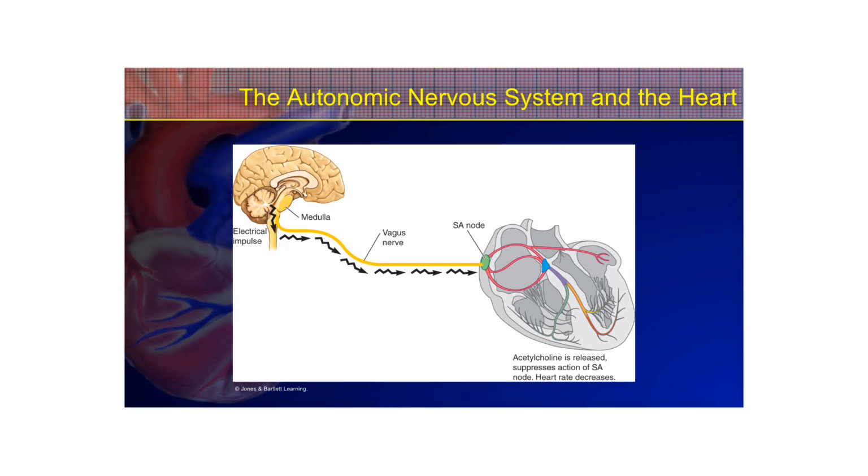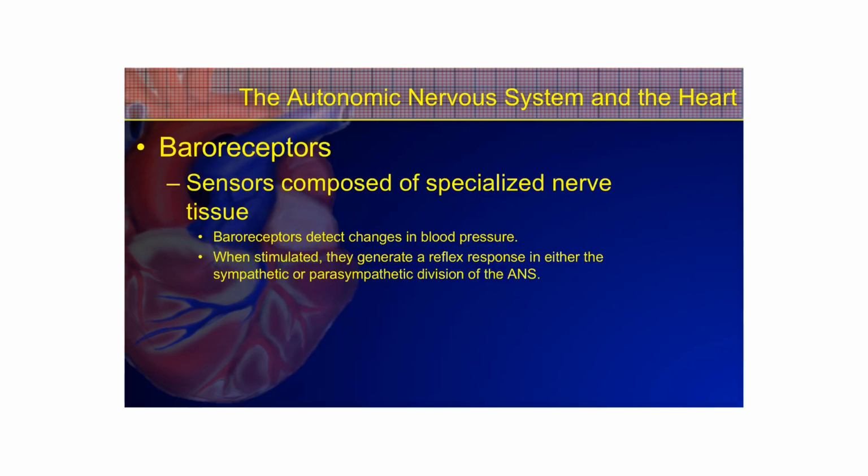So here's that visual representation of the vagus nerve coming off the medulla and innervating over here at the SA node. You probably know that the prefix baro means pressure, so it makes sense that baroreceptors are pressure receptors, and chemo means chemical. Chemoreceptors are chemical receptors, right? So baroreceptors are sensors composed of specialized nerve tissue.